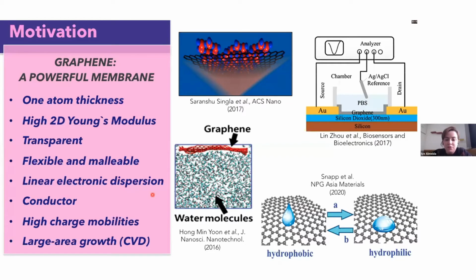Theoreticians have explored this issue more, mainly investigating graphene in contact with water, as we can see in these papers. But in terms of experimental works, many of them investigate the influence of the substrate on graphene's wettability. So there is still a lack of investigation of the intrinsic properties of this interface, without the substrate, and we want to give an experimental contribution in this context.